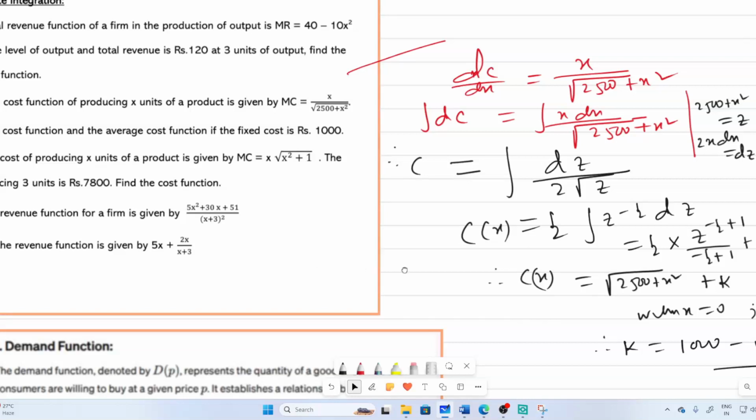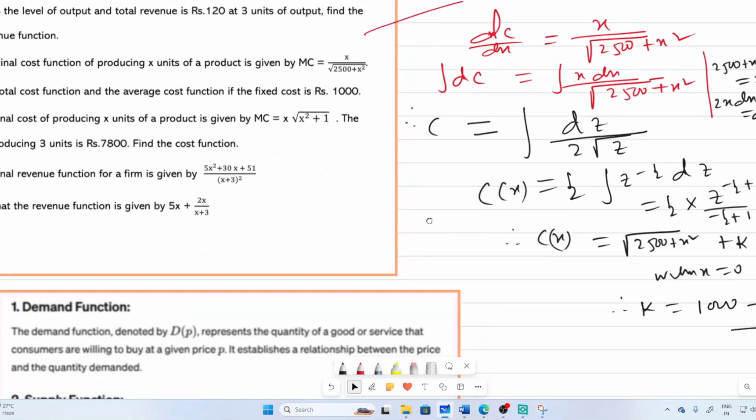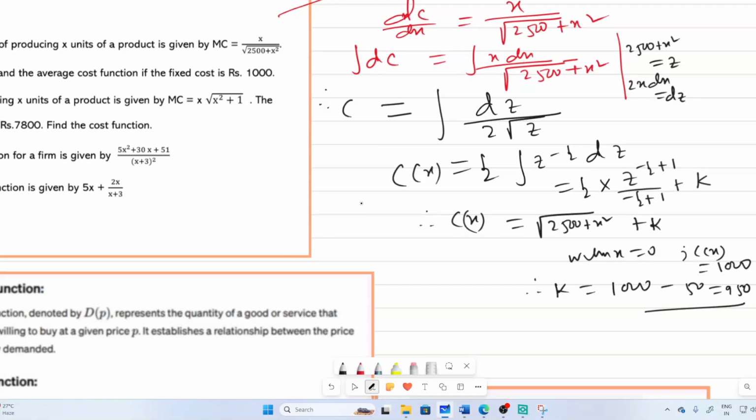So what is the cost function for this problem? The value of k you got. The cost function for this problem, for this sum number 2, is going to be c(x) equal to root 2500 plus x square plus 950. Alright.